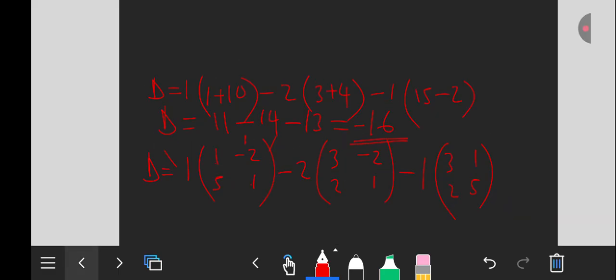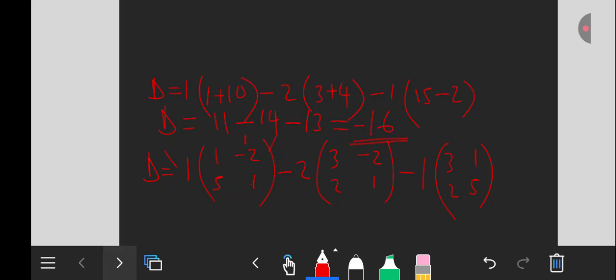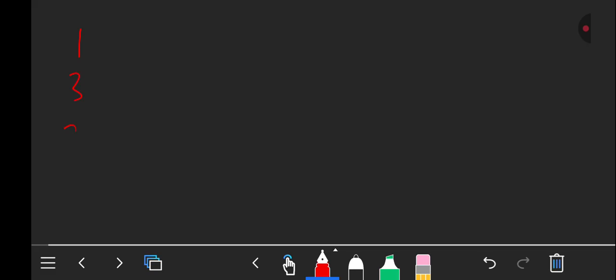Let's find the determinant of z. To find the determinant of z, we need to substitute now the z column. We need to substitute these values. So how are we going to do that? Okay. So this is what we are going to do. We are going to have 1, 3, 2, then 3, 6, 13.